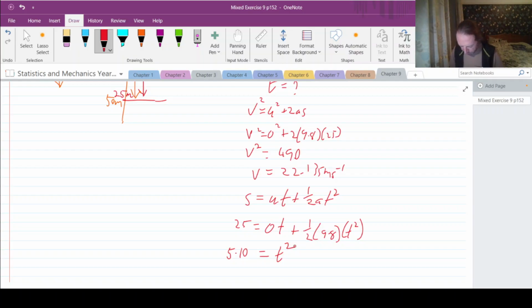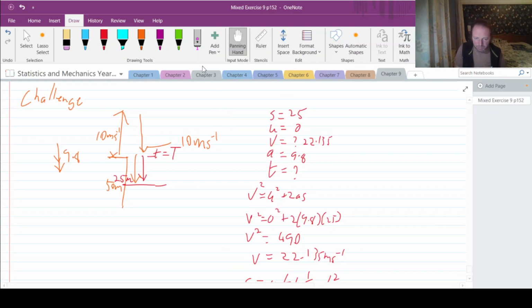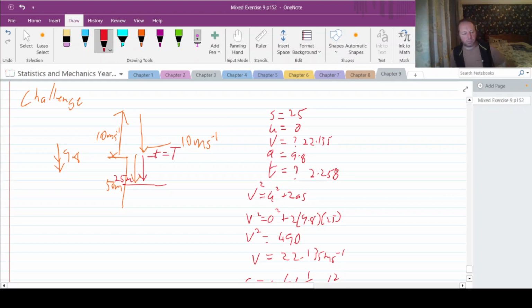Then the square root of that is 2.258. So we know this bit here takes 2.258 seconds to happen.